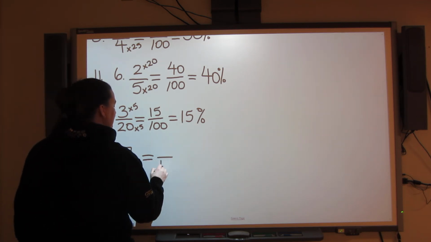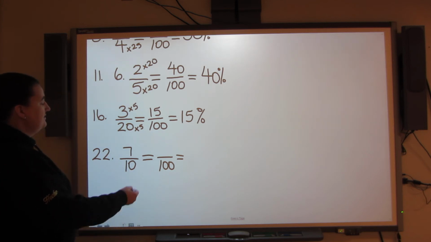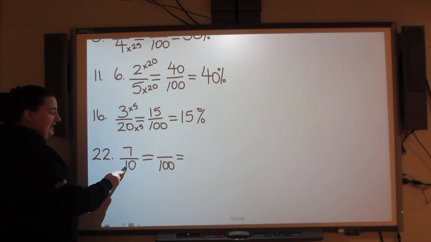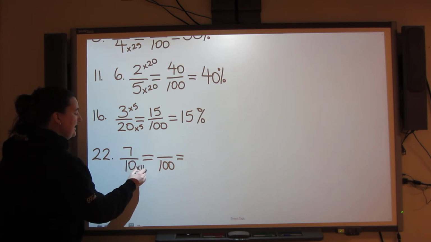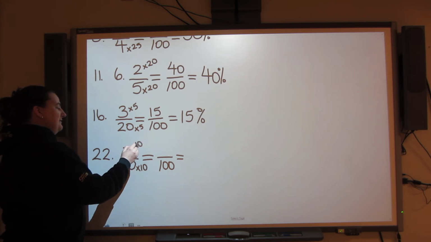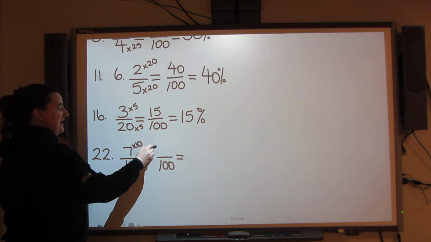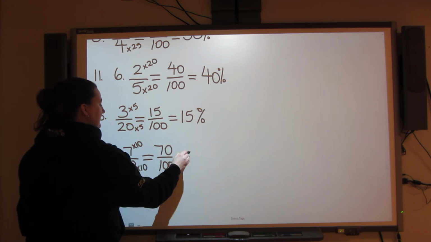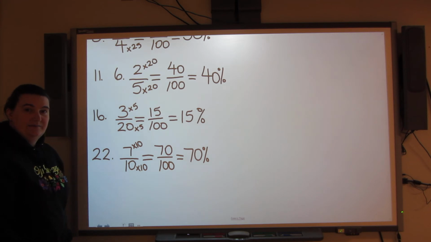I still need a denominator of 100. So how do I change 10 into 100? I have to times by 10. And whatever I do to the bottom, I have to do to the top. 10 times 10 is 100. 7 times 10 is 70, which means 70%.